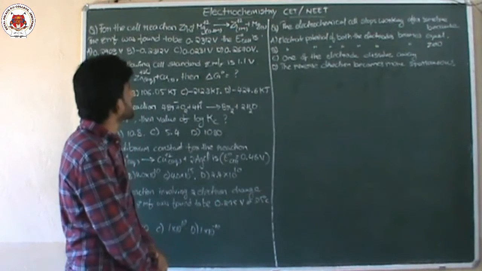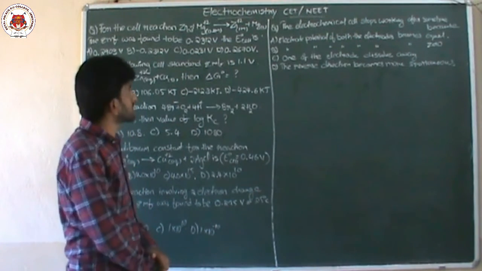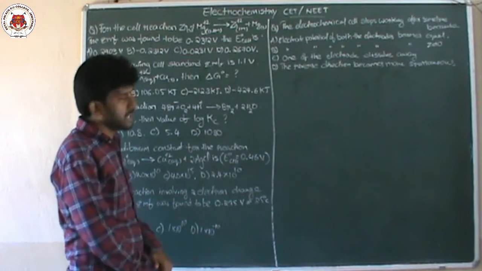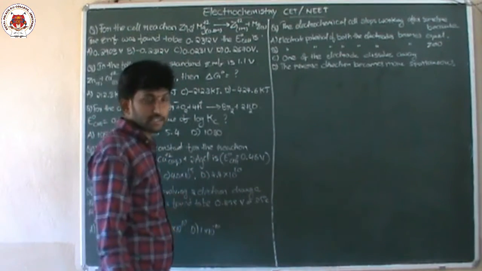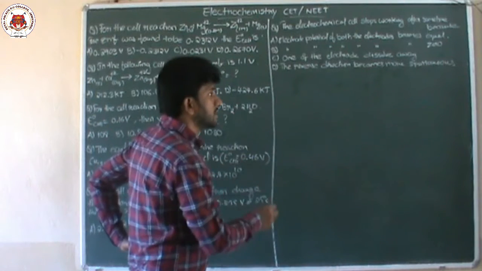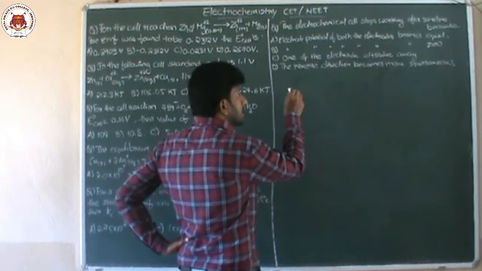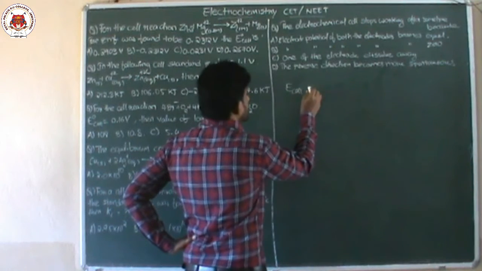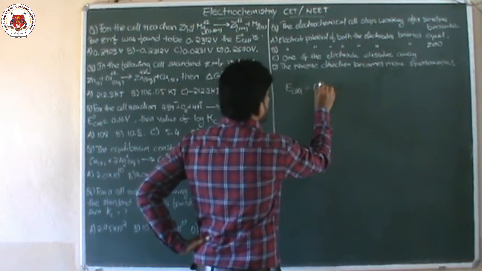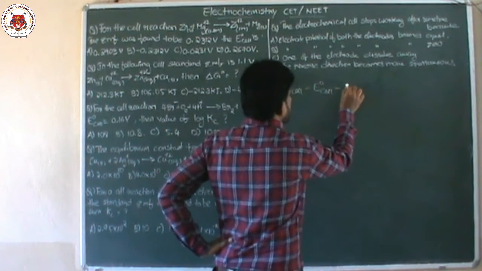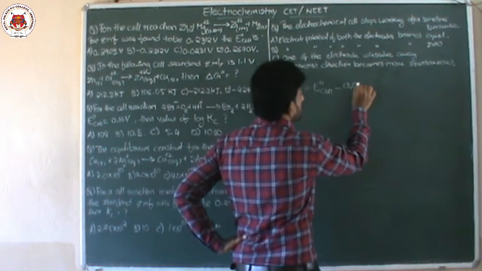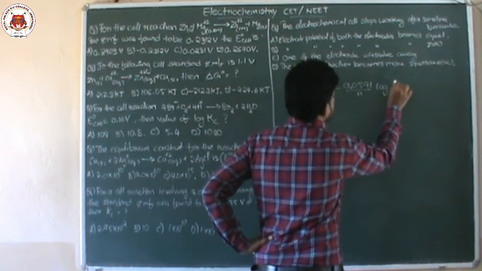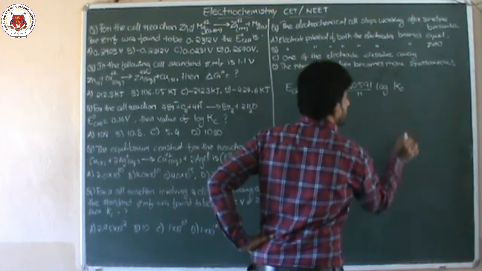Now they have given the concentrations of the respective ions, and they have given the EMF, and they want the standard EMF. So in such cases, we can use the Nernst equation, that is E cell is equal to E naught cell minus 0.0591 by n log Kc.